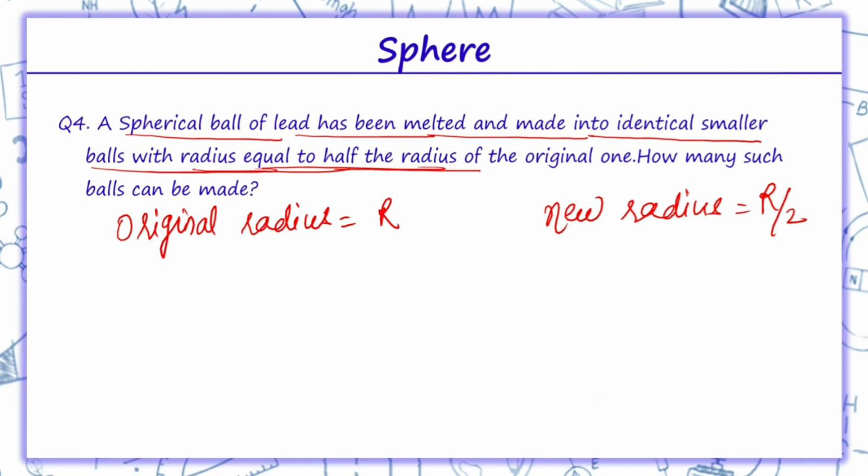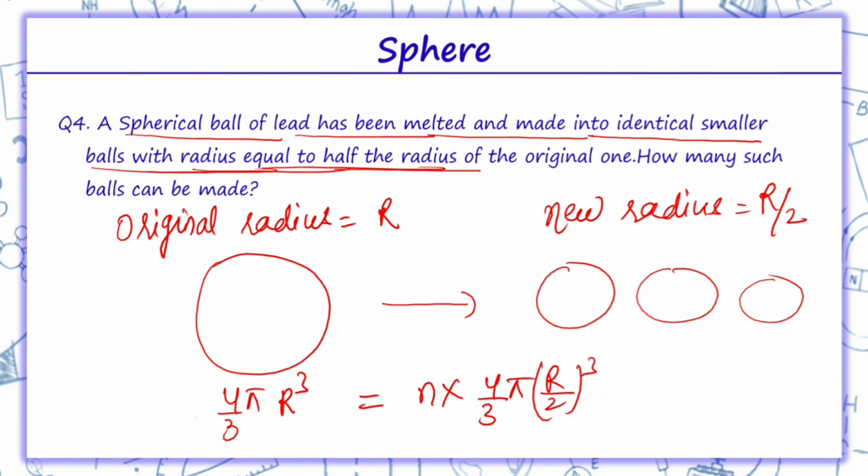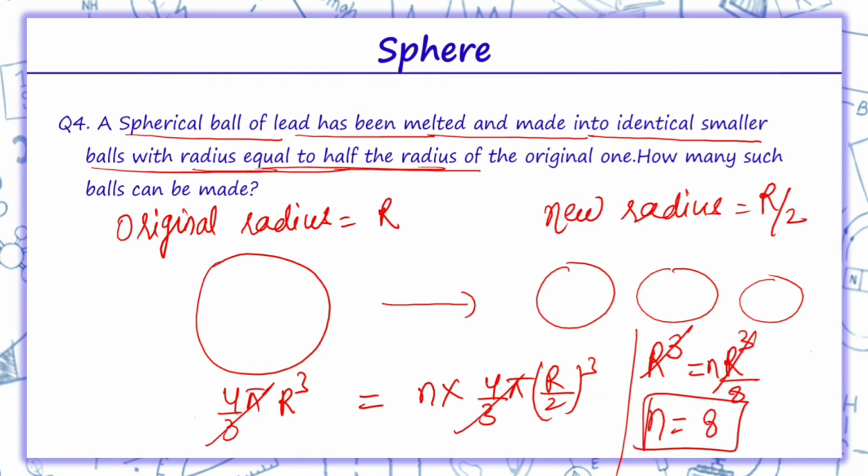Now, this spherical lead has been melted into smaller leads and we don't know how many there are. So, its volume will be 4 by 3 pi R cube, and this is equal to n into 4 by 3 pi into (R by 2) cube, because the radius is half. So, 4 by 3 pi and 4 by 3 pi will be cancelled out. Thus, R cube is equal to n into R cube by 8. Thus, the number of balls which can be made is 8.